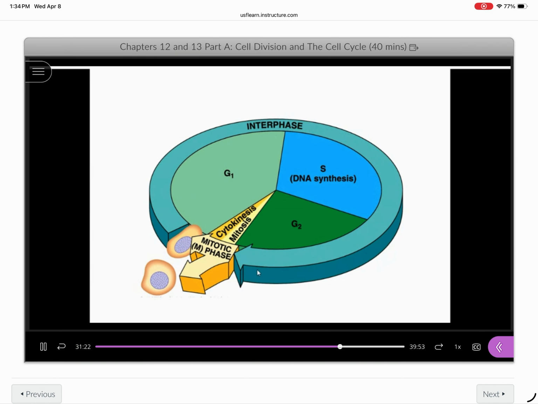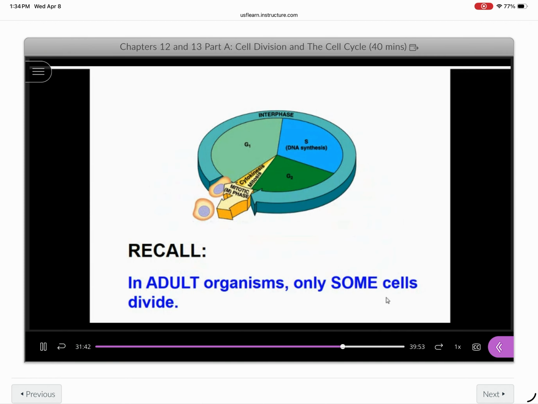G2 is additional growth for the purpose of cell division. When a cell divides and becomes 2, then immediately it becomes half as large. So we have to have some additional growth so we're not too small when the cell divides. In adult organisms, only some cells divide.